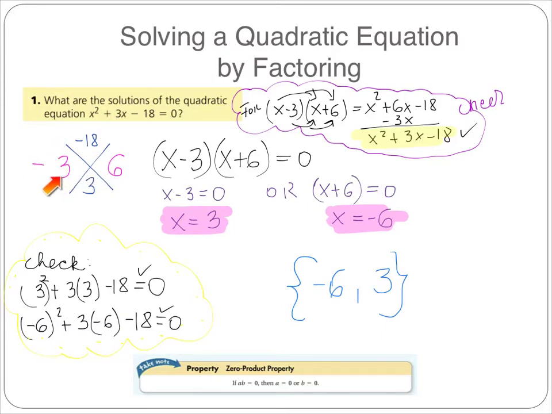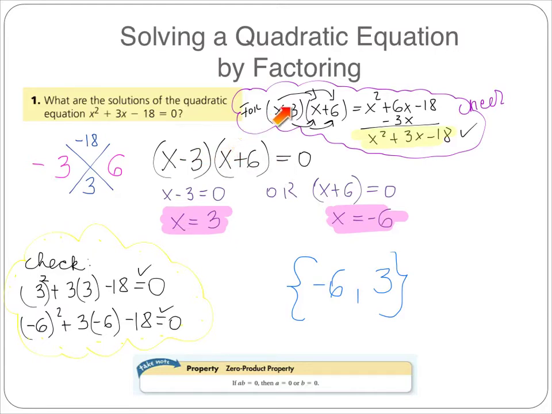Obviously, the two numbers are negative 3 and 6: negative 3 times 6 is negative 18 and negative 3 plus 6 equals 3. So the factored form is x minus 3 times x plus 6, and the equation is equaling 0.